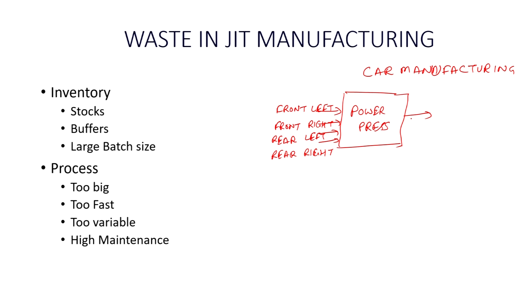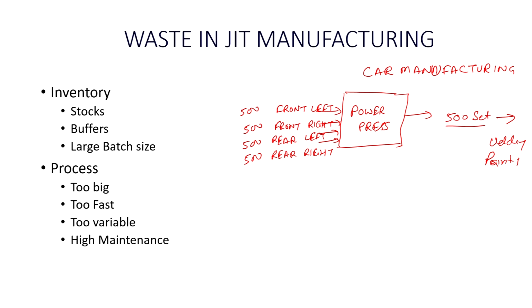Okay. So, you are doing the batch production system here. Suppose you have decided to produce a batch size of 500. So, you produce 500 of front left, then you make a changeover, you produce 500 here, then you produce 500 here, and once this set of 500 sets is available, then it will go to the next station of welding or painting. Now, in that case, a lot of inventory gets accumulated here.